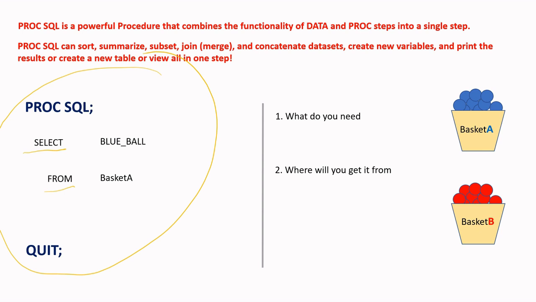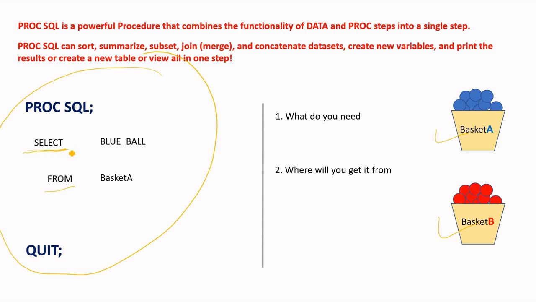So, for example, if you have a table named basket A and another table basket B, and you want a variable named blue ball, how would you select that?